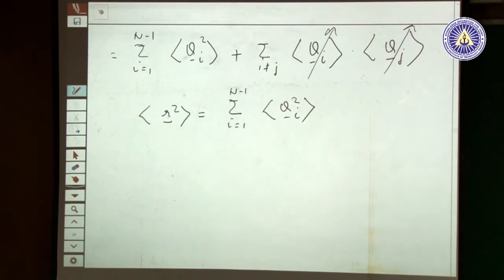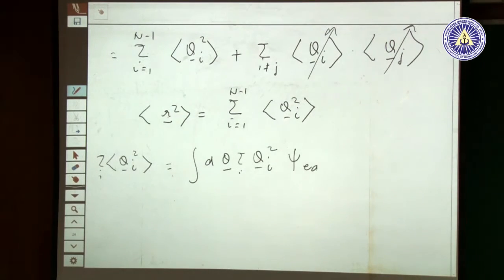Okay. So, we want to find the average of q_i squared, and if we use the definition of our equilibrium distribution function, this has to be the integral of q_i squared psi equilibrium.